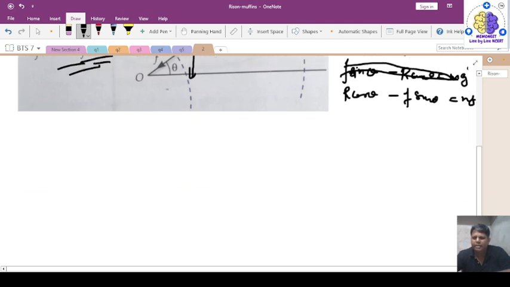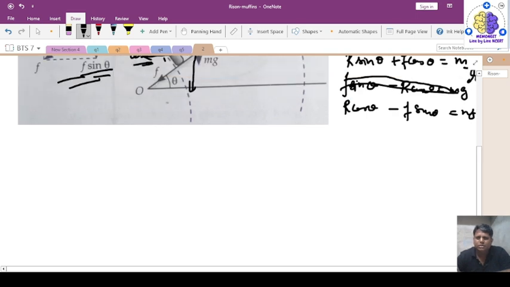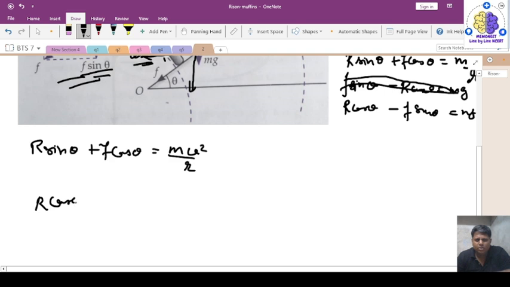So let's rewrite the equations again. It is R sin theta plus F cos theta is equal to mv square upon r, and R cos theta minus F sin theta is equal to mg.